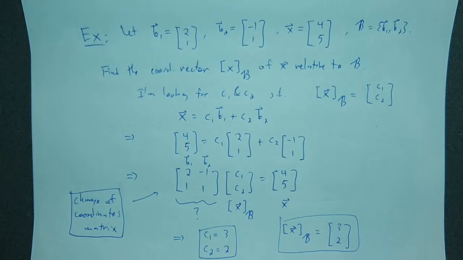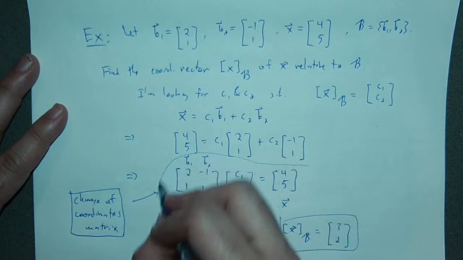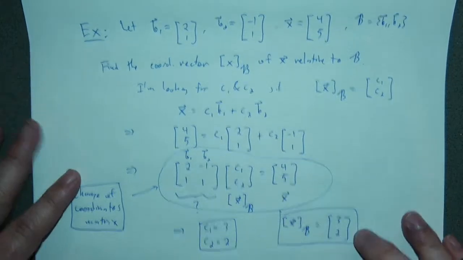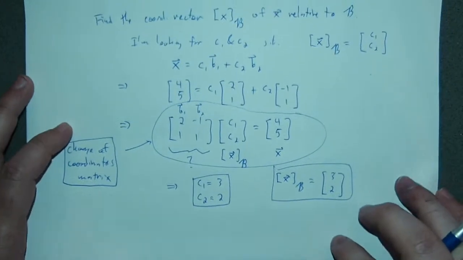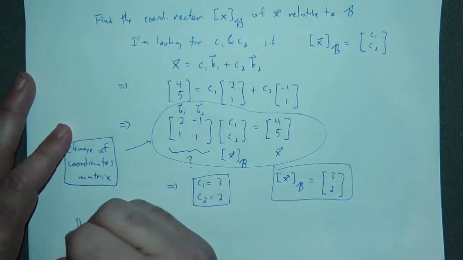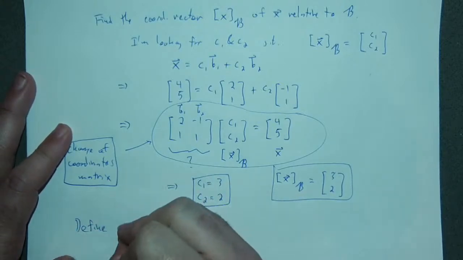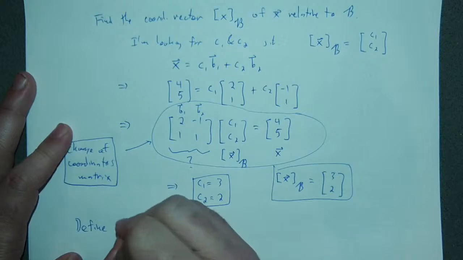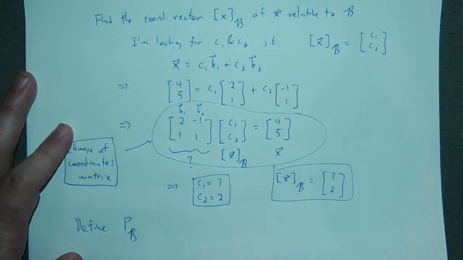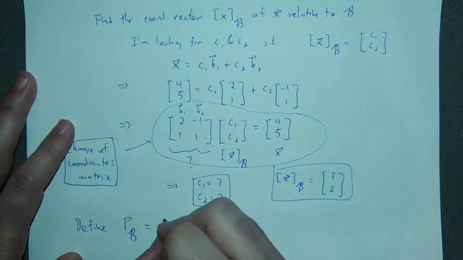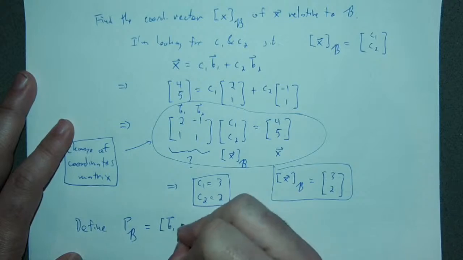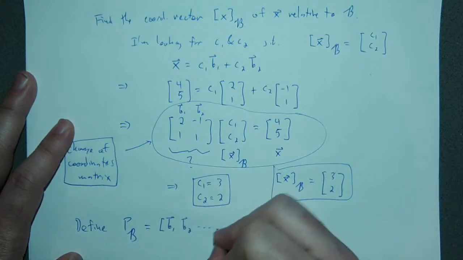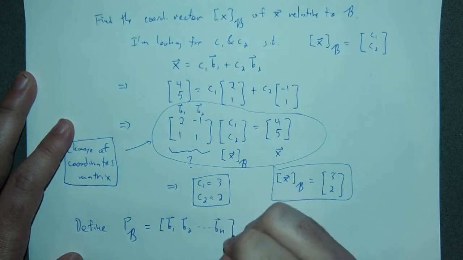entries for x. Now, rewriting this line here is key. And what is that line saying? So define P subscript B to be the matrix that has the basis vectors in B as its columns.